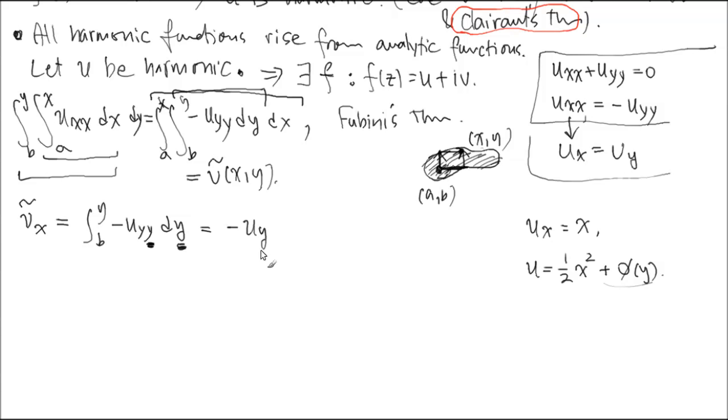So that's an antiderivative with respect to y of negative u_yy. And then we're plugging in y and b there, right? So that's going to be negative, what do we have? u_y at (x, y), where x is fixed and y is y, and minus, but there's minus, so plus, u_y at (x, b). Is that good?